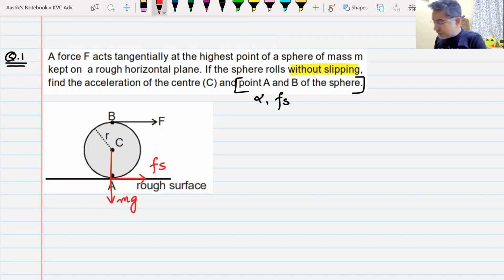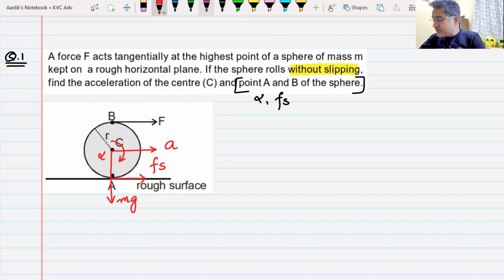Now, how is this body going to move? There is only one way this body is going to move. The acceleration of the center of mass would be like this. And it is in pure rolling, so alpha should be like this. Yes or no? Yes, sir. Then just write the equation.